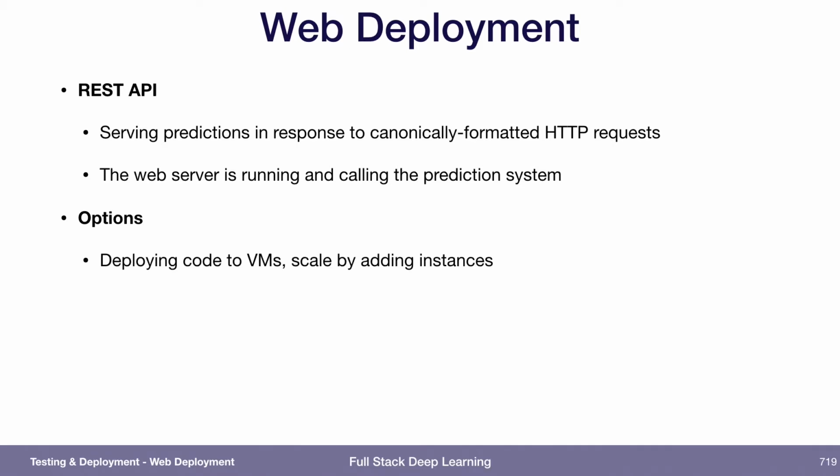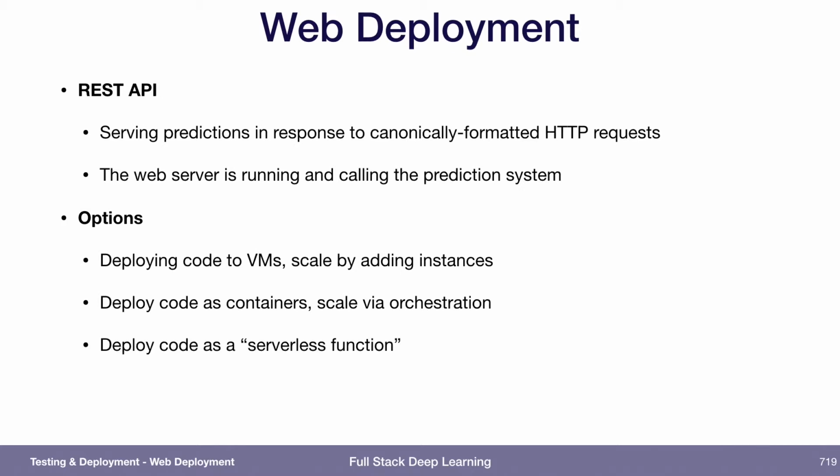So our options for doing this, we can deploy our code to virtual machines, which scale by adding instances. We can deploy our code as Docker containers. We can scale that via orchestration. We can deploy our code as a serverless function, or we can deploy our code via a special model serving solution.